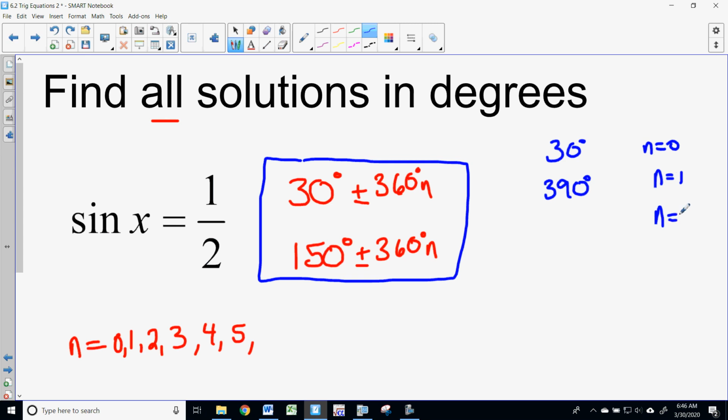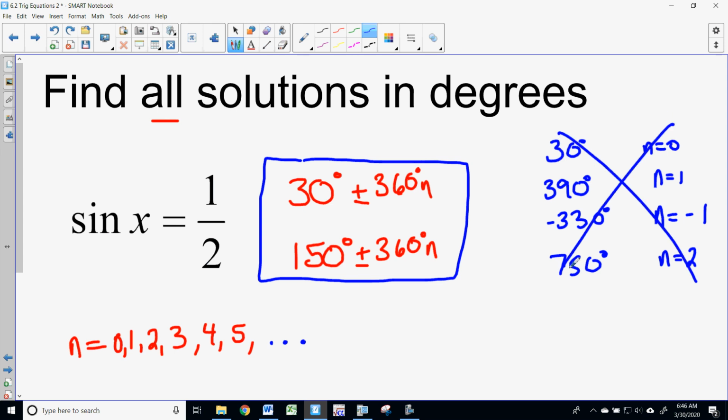If n is negative 1, that is negative 330. If n is 2, that would be 750, and so forth. So as n just continues to get bigger and bigger, this gives you all infinite solutions. And like I said, we're never going to write this down. This right here is our answer. Let's look at another one.